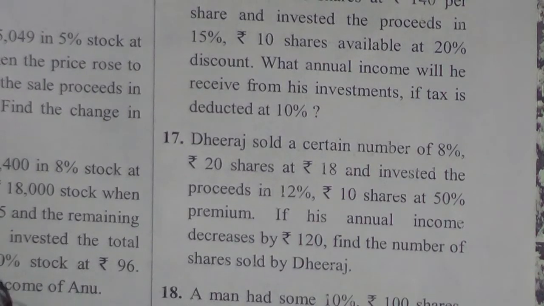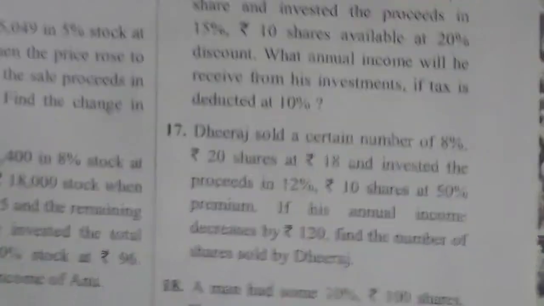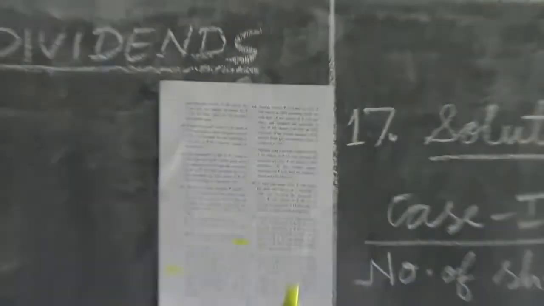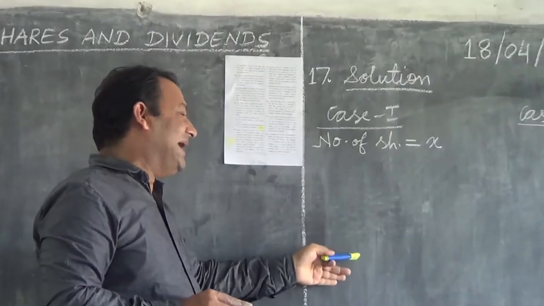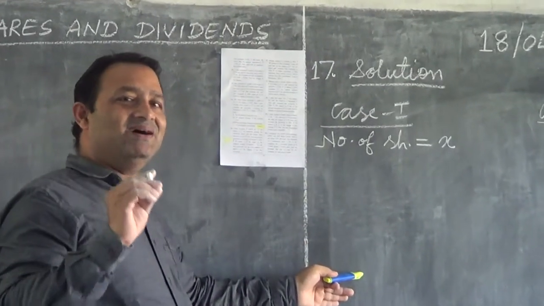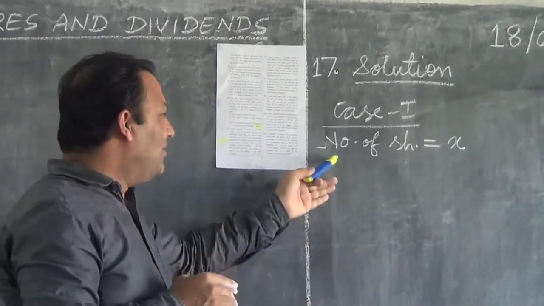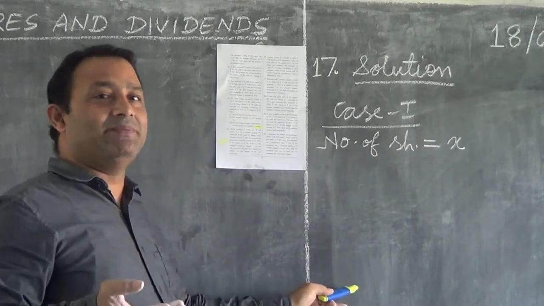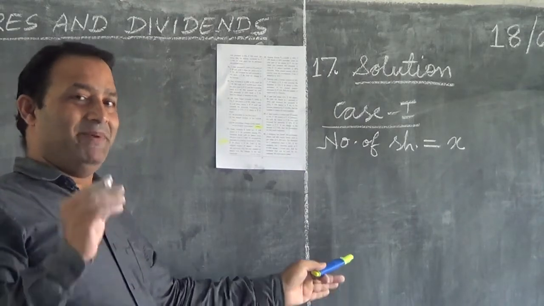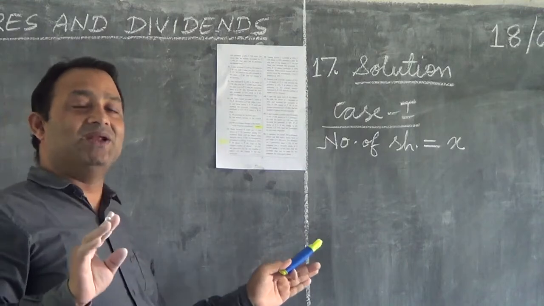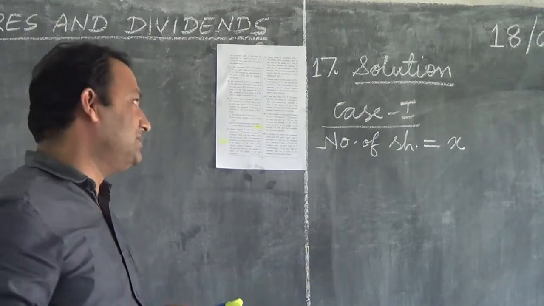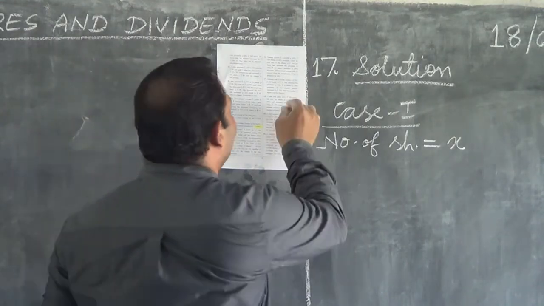Whether he kept the shares till the end of the year or not, we have nothing to do. We have to think, if he had held the shares till the end of the year, how much annual income he could have got? We have to calculate that information.